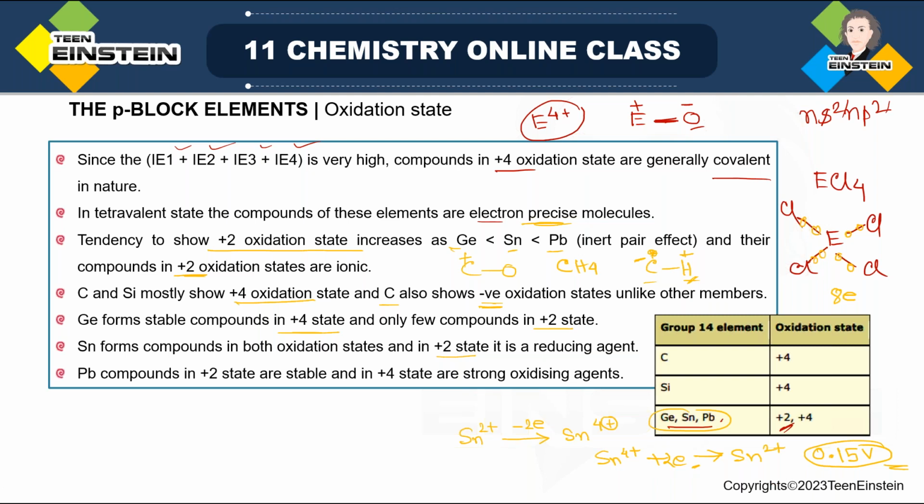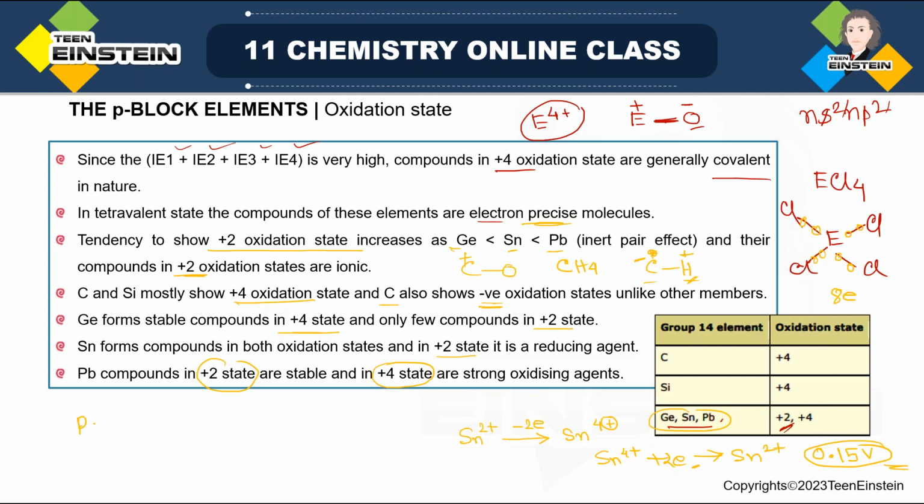What about lead, the last element? It will prefer the +2 state, and that is because the inert pair effect is maximum here. So when lead is in the +4 state, it behaves like a strong oxidizing agent.